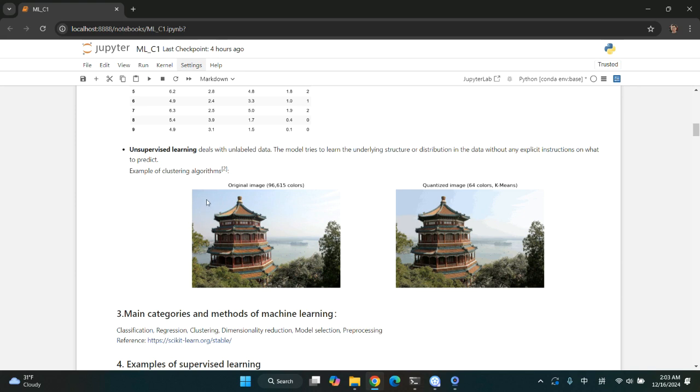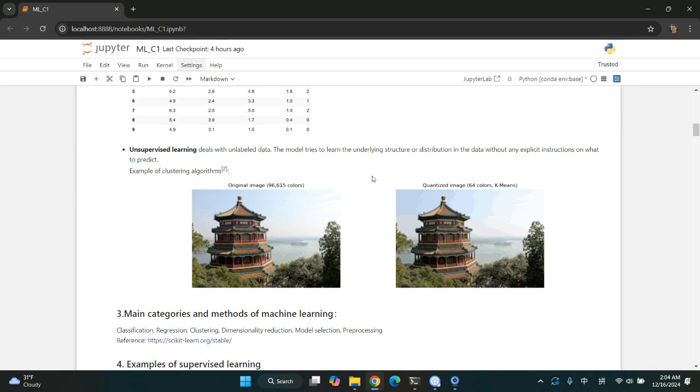For a clustering algorithm on this picture, you see here, many colors are similar to each other. This part is blue, this part is white and deep green and green red. So can we split these similar colors into one cluster? Actually, we can do this.